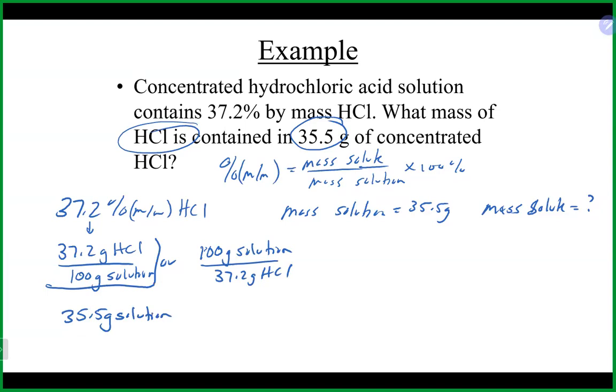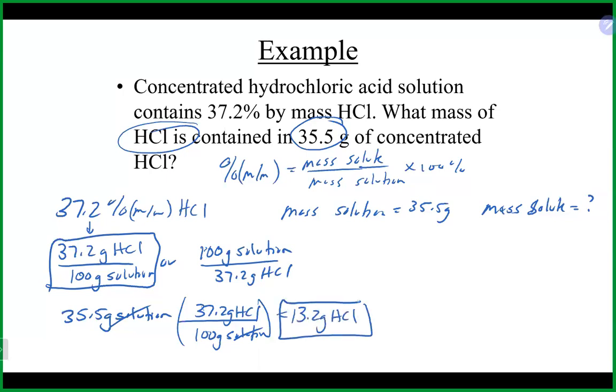We could use the proper conversion factor here, which is 37.2 grams of HCl and 100 grams of solution. Grams of solution will cancel, going to give us 35.5 times 37.2 divided by 100, about 13.2 grams of HCl in this case.